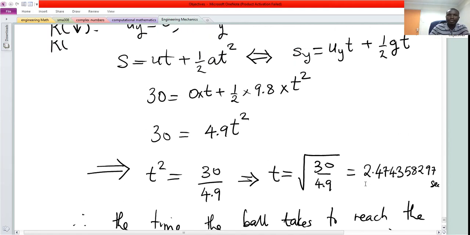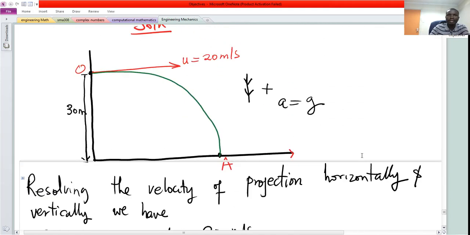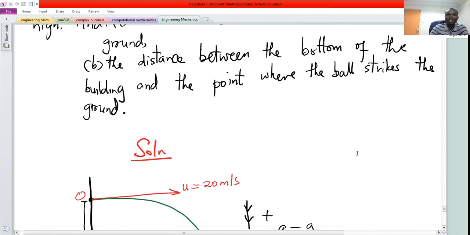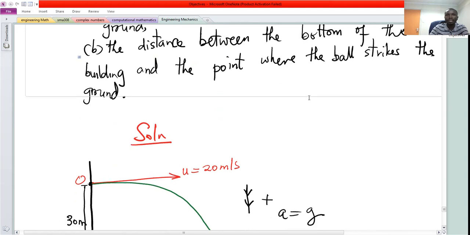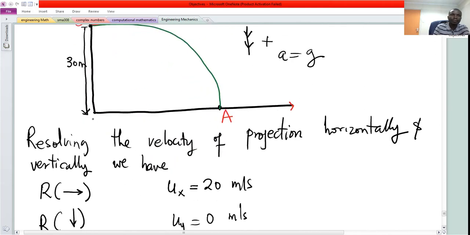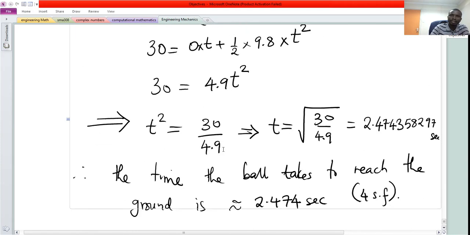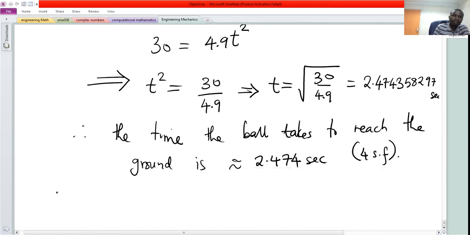And then part 2, we have to calculate the distance between the bottom of the building and the point where the ball strikes the ground. From our labeling, if we call this one point P, we're interested in finding the distance from P to A. Distance is always given by speed times time.